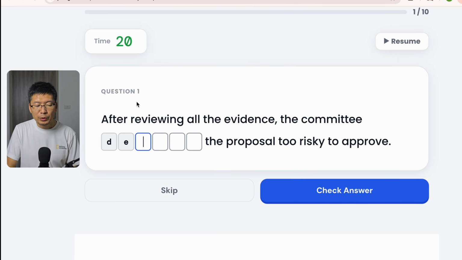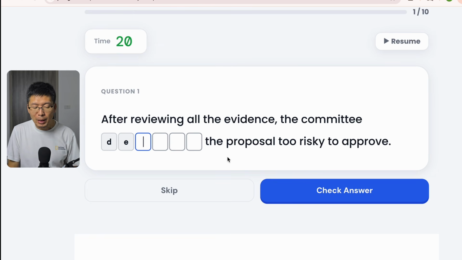After the committee, it's a verb, right? So when it's a verb, we need to think about the grammar forms. It's the tense, right? The past tense or what tense? It has happened, so it's a past tense.